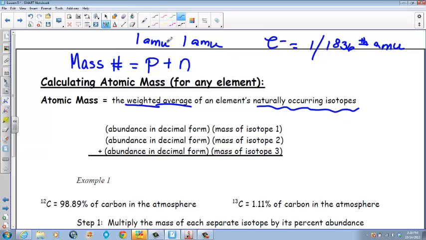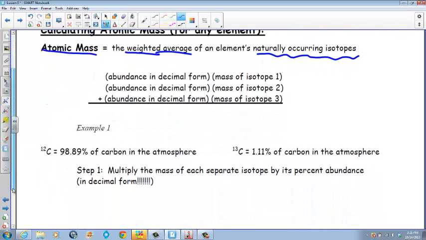And if we have different numbers of neutrons, then that's going to change our mass number, and therefore it's also going to affect the overall atomic mass. So we need to figure that out based on weighted average. The weighted average is the addition of the abundance of each isotope times the mass of each isotope. We add those all up to get the atomic mass, or weighted atomic mass.